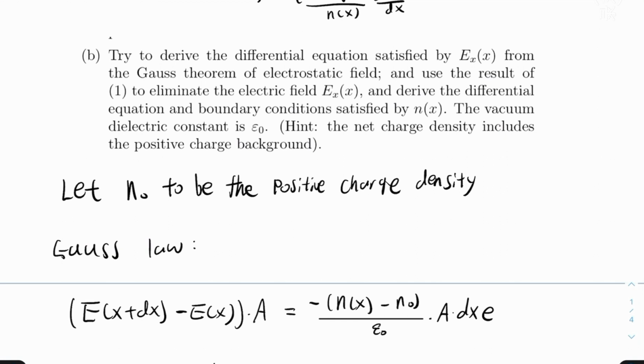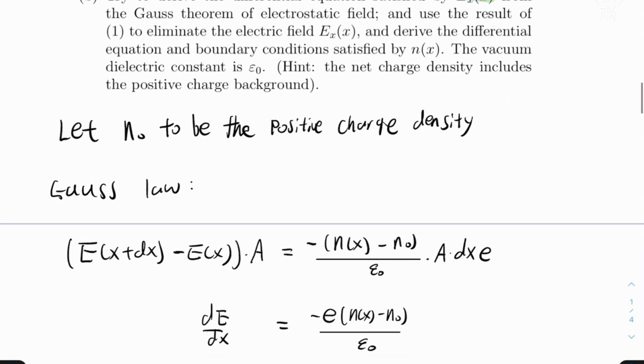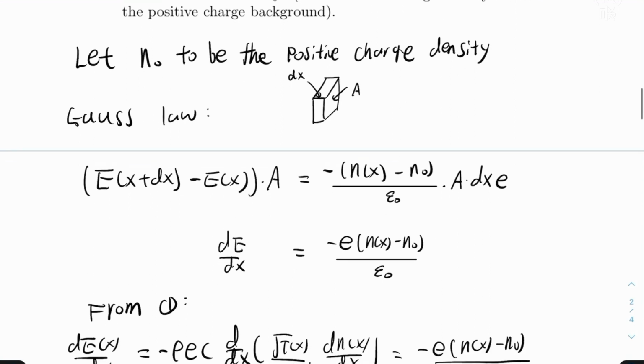So for this one, you are told to derive Ex using Gauss's theorem. So how do you do this? You only need to consider a small slab where the width is dx and the area is A. And inside this, the volume is actually equal to A dx, right?